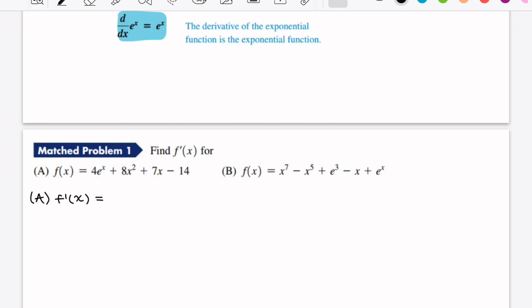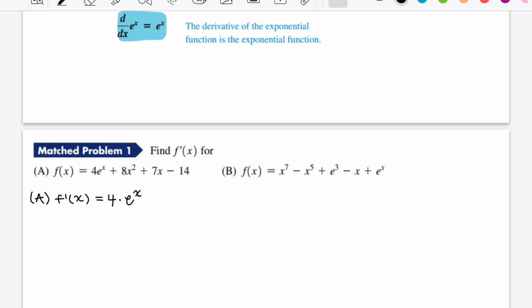And then we also have our constant multiple rule, which says if we have a constant multiplying our function, we can just leave it out front. So we'll have 4 times the derivative of e to the x. And we know the derivative of e to the x is just e to the x.